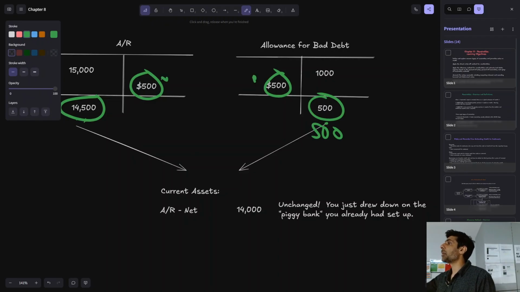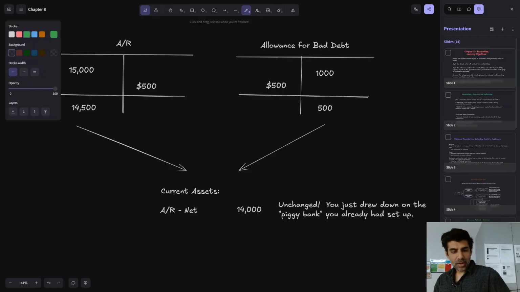But we're going to true up. We're going to add to this allowance for bad debt only at the end of the year. We're going to see what the balance is at the end of the year, and then we're going to do an adjusting entry based on that ending balance. Let's assume that I need, whatever, $1,300 here, right?